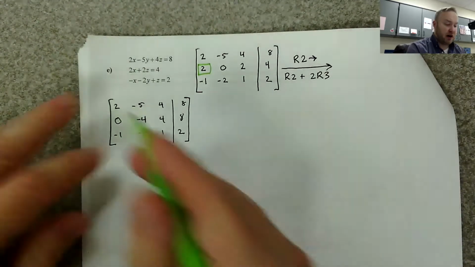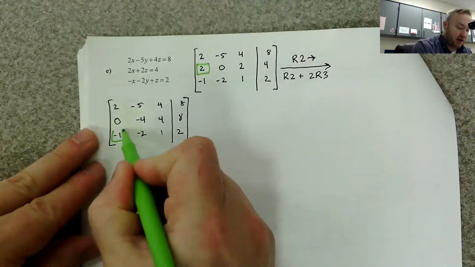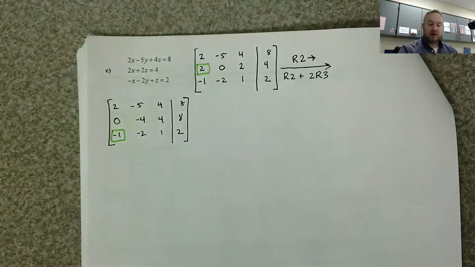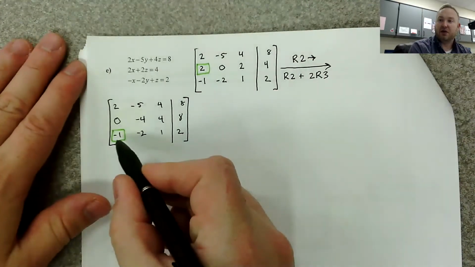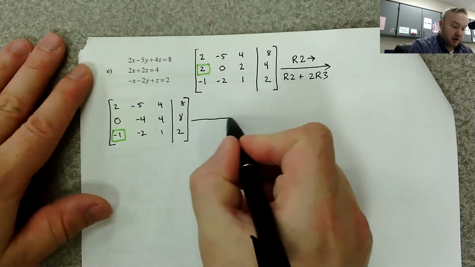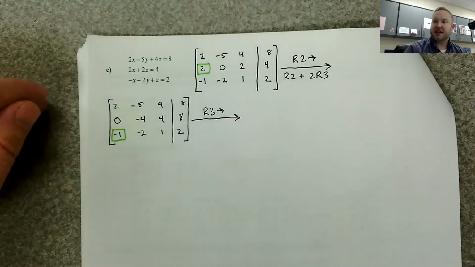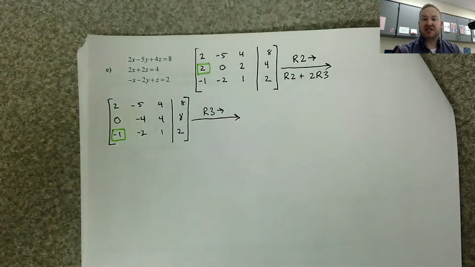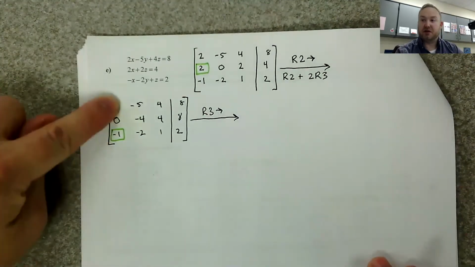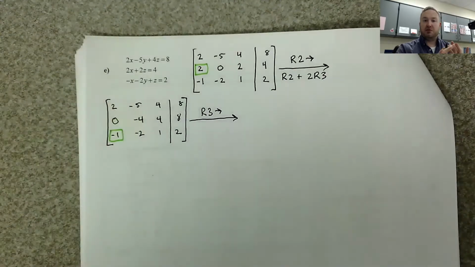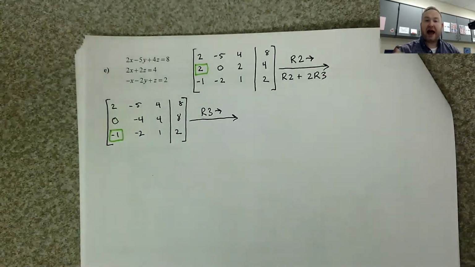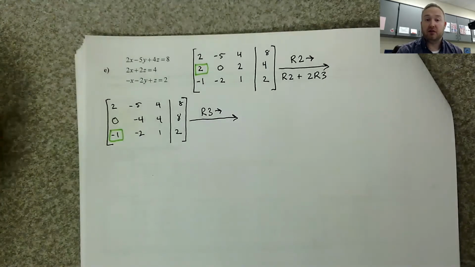The next number I want to go after is the number right below that, which is that -1. Okay, I want to cause that to become a 0 now. So I'm changing the number in the third row. And let's think of how I could do that. I want to create a 0 here, and I really can only use the numbers above and below it. All I can do is multiply a whole row or add 2 rows together. Those are my only legal moves.